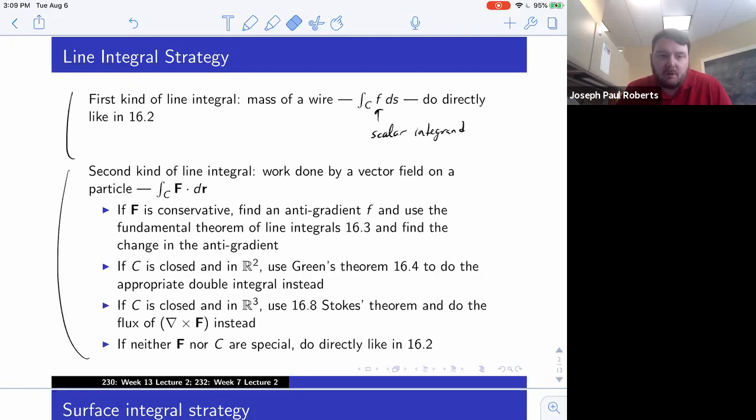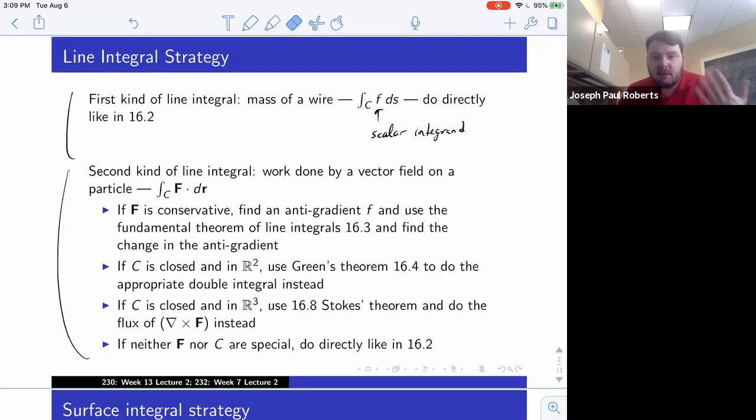When you have a closed curve, you can calculate either a double integral or a flux integral instead. In the case that you have a closed curve in R2, that's when you're going to use Green's theorem. If your closed curve is instead in R3, you're going to use Stokes' theorem.